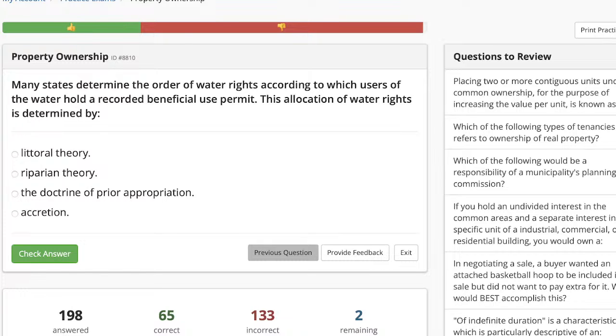So what's an estate for years? Estate for years is when you rent it out for a limited period of time.